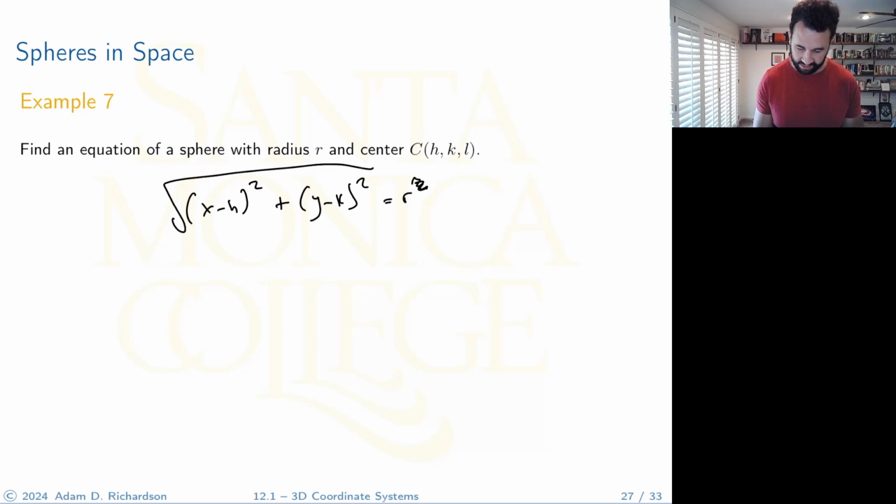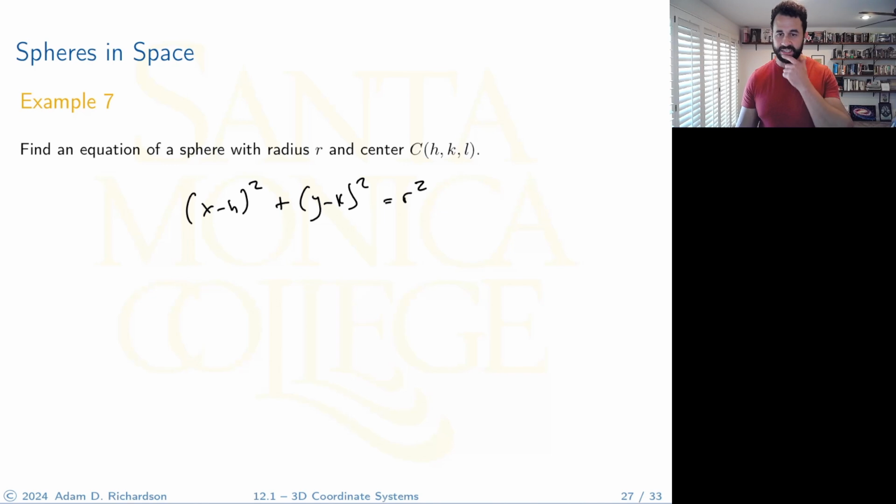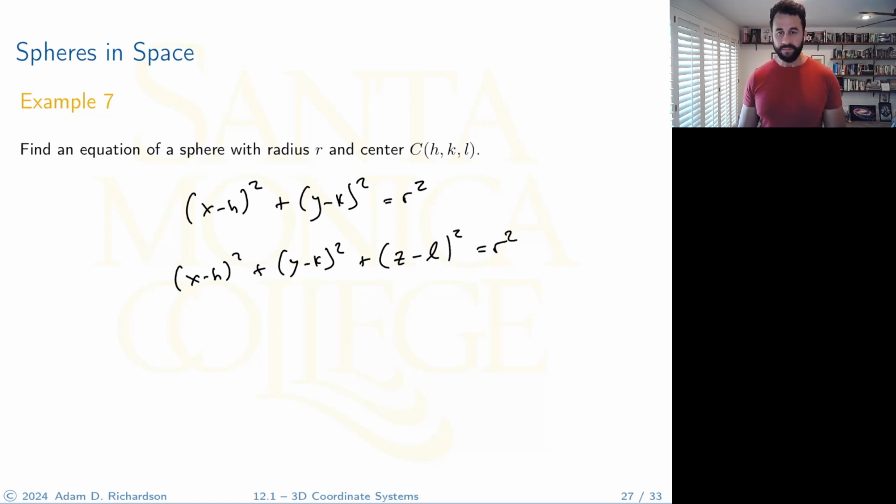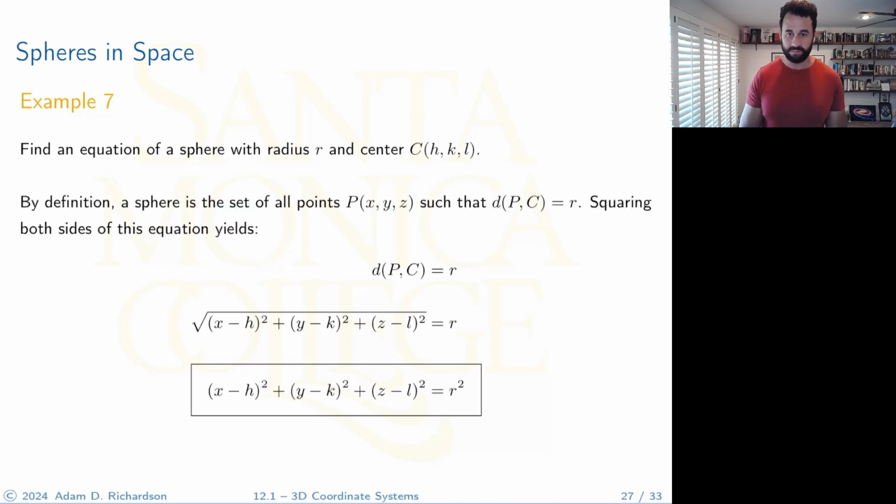It's all connected. So if I needed to generalize this to 3 dimensions, I suspect it's going to look like this. And sure enough, that is exactly what it is. There we go. That's it.